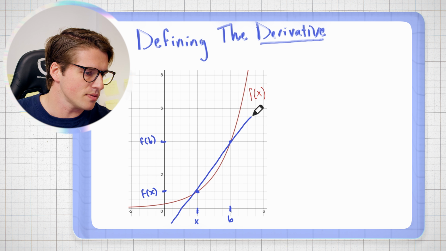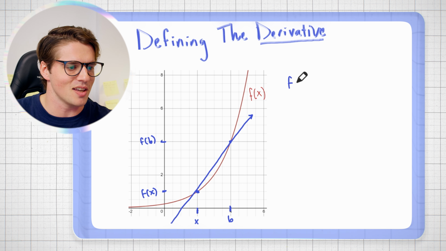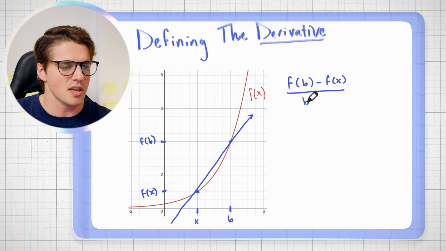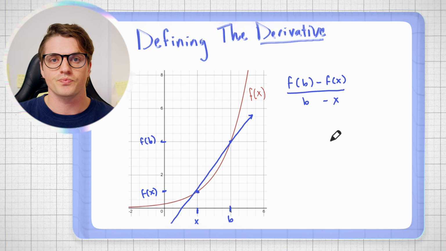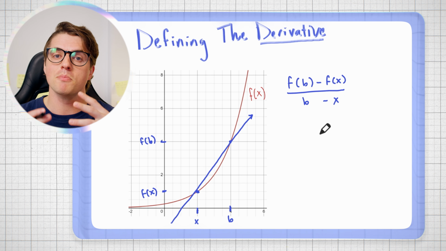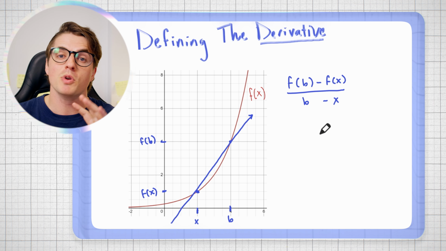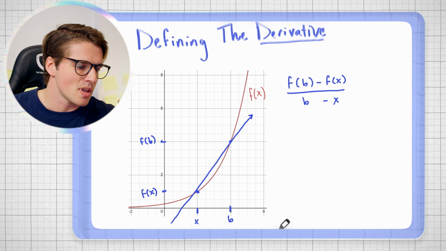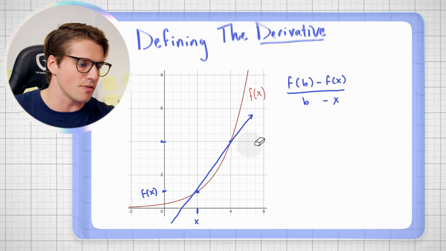The slope of this line would be f of b minus f of x all over b minus x. We talked about bringing b really close to x and actually making it the same. We couldn't do that because we get 0 over 0.